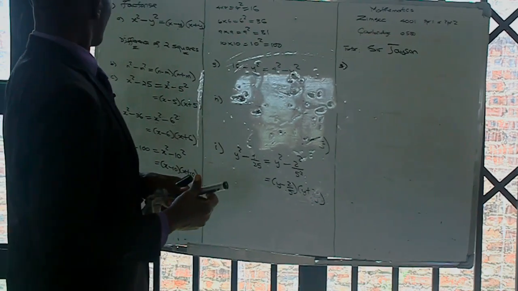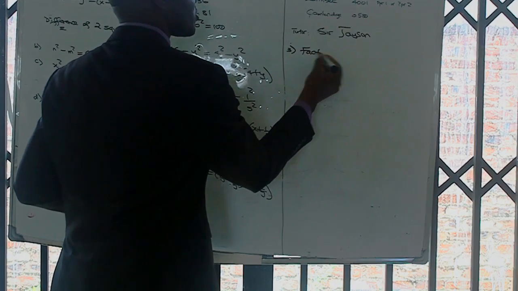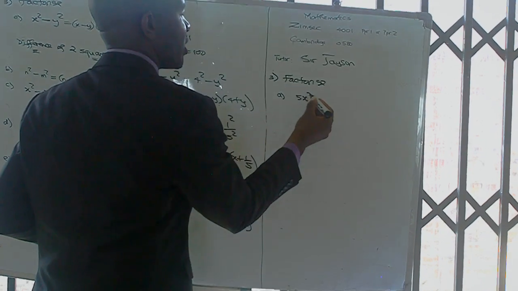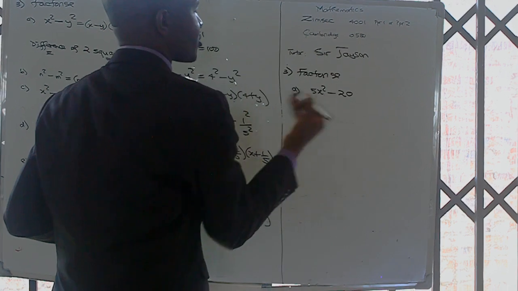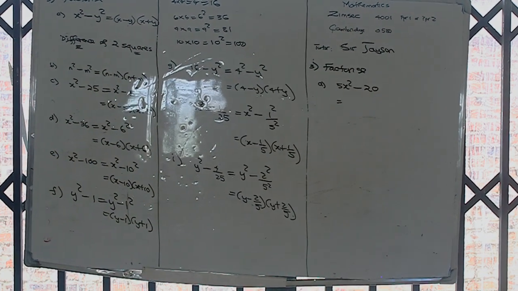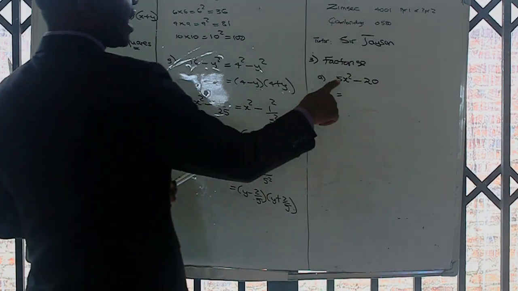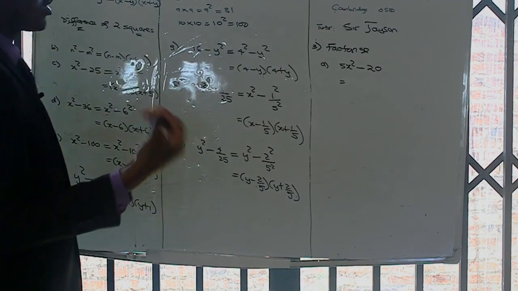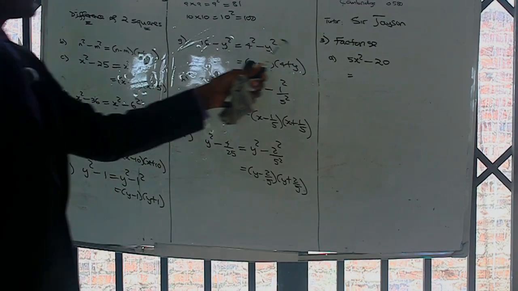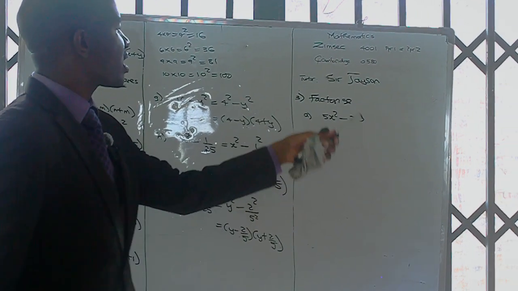Number 3, we have factorize 5x squared minus 20. 20 cannot be written as a squared, because we don't have a number that multiplies itself to get 20.